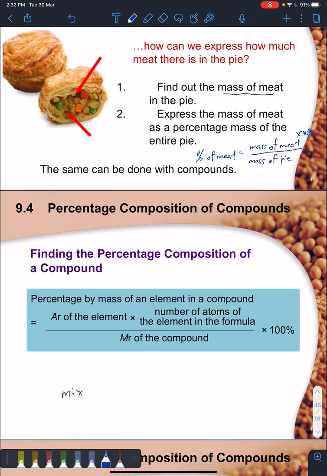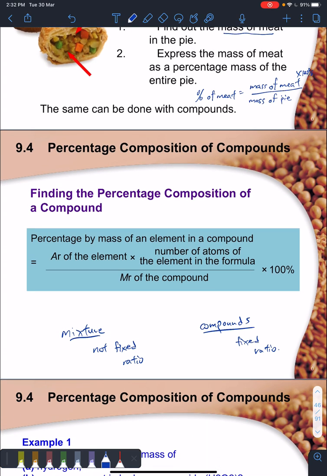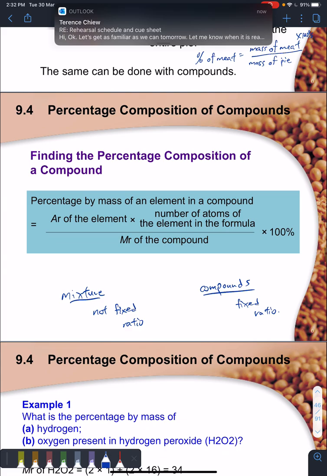Mixtures are not fixed ratio, which means the ratio is useless to us, whereas compounds have a fixed ratio. So this is the formula. Honestly, you don't have to memorize this formula. You do a few more questions, you should be able to do it properly. So let's take a look.